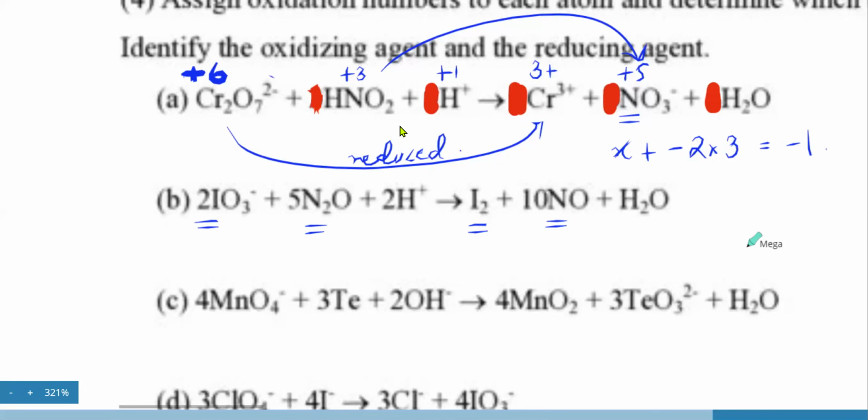For the first one, is it 2? IO3 minus 1? Yeah, 2IO3. Yeah.